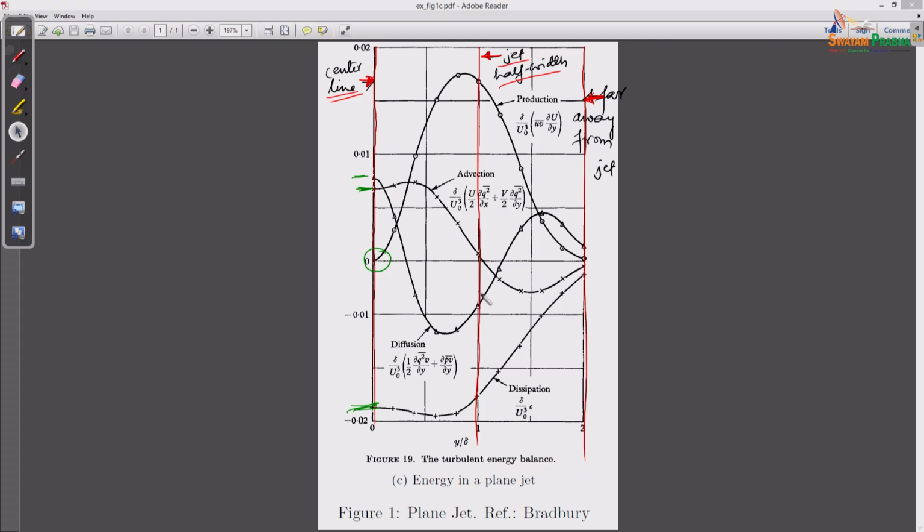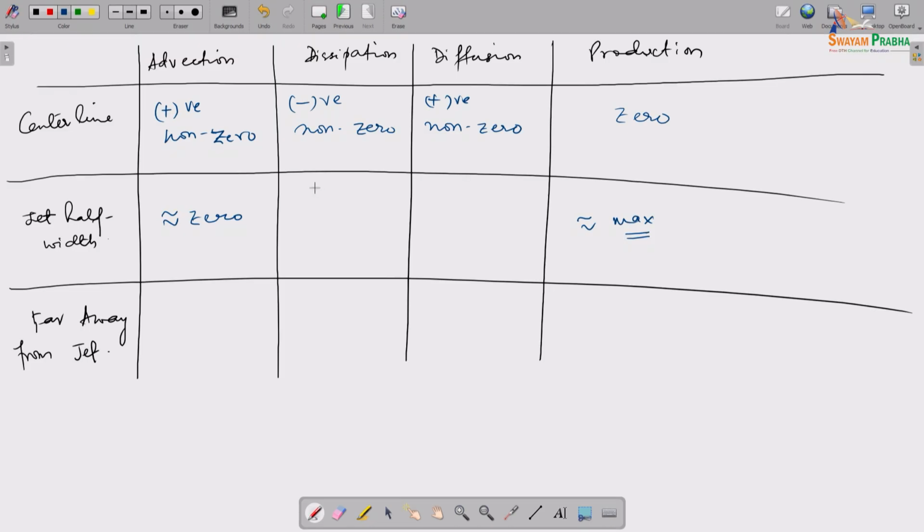This is the diffusion, and the diffusion is negative. Diffusion and dissipation are both negative, non-zero.